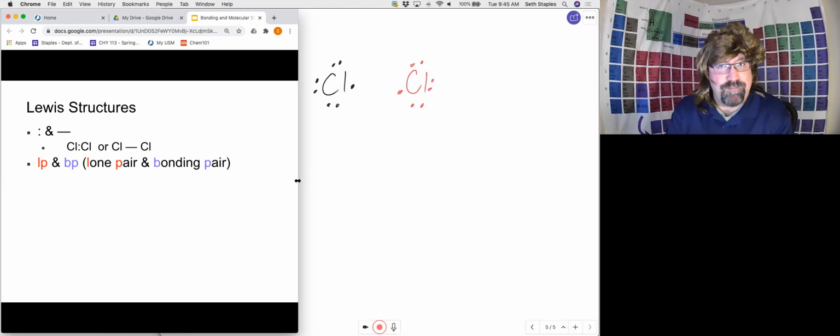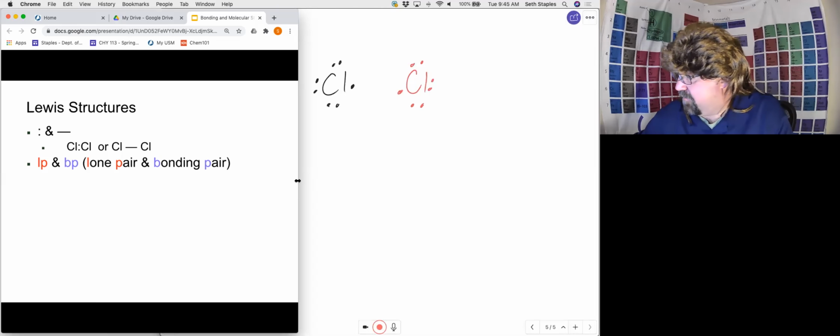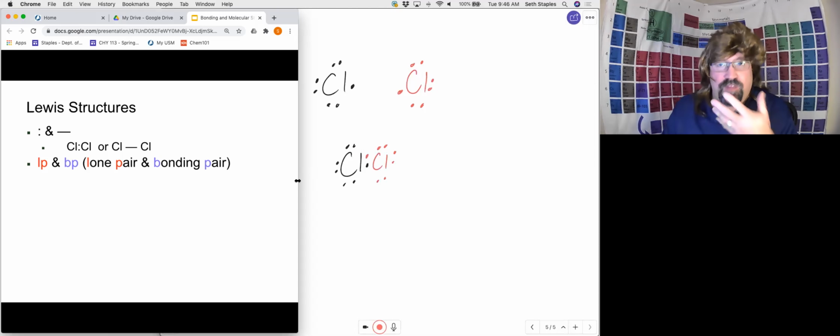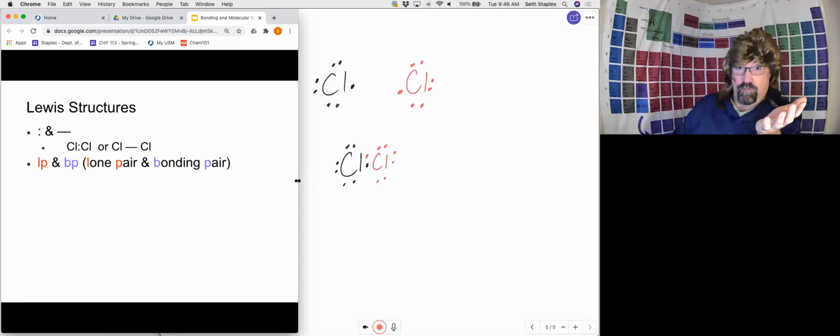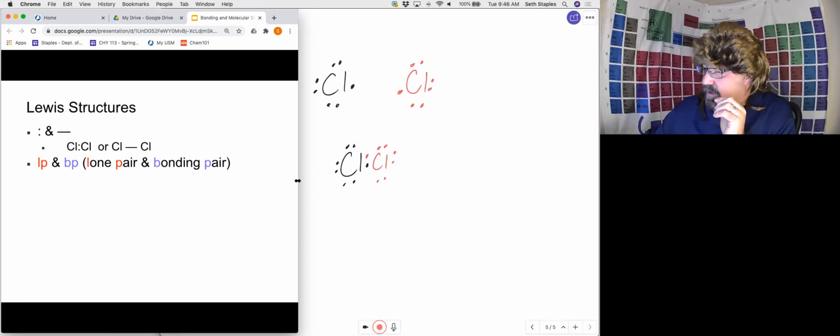Now when these two come together, we're going to have in our bond, I just drew it in different colors so we could see where the two different atoms are coming from. Let's step back and consider our octet rule. In each of these, chlorine has 7 valence electrons. The octet rule tells us that chlorine wants to have 8 valence electrons.